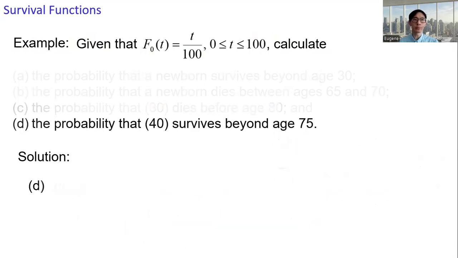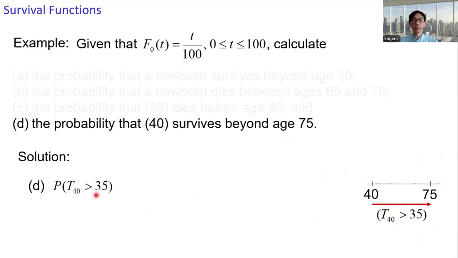And then the last one, a person age 40 survives beyond age 75. We have the event T40 greater than 35. Express this probability in terms of the random variable T0. This corresponds to the probability that a newborn survives beyond age 75, given that the newborn has already survived up to age 40.